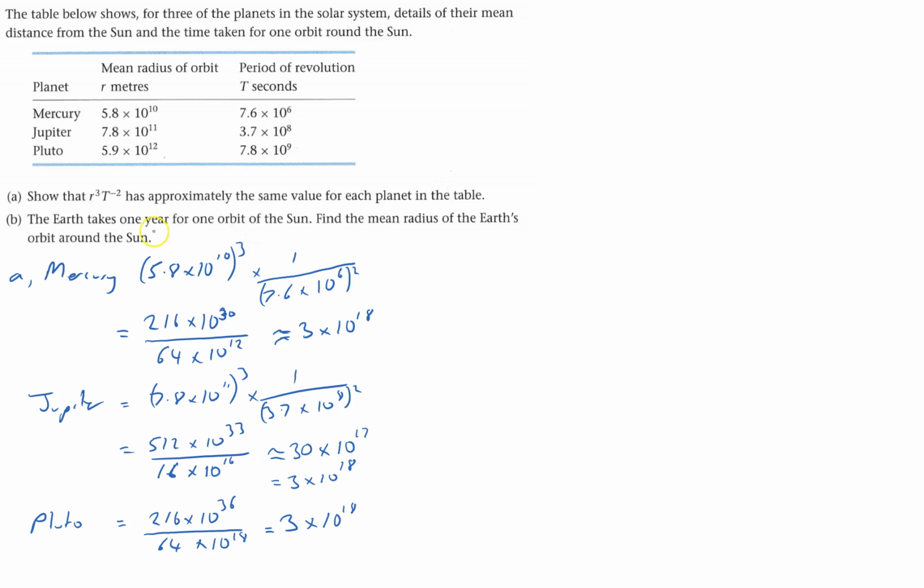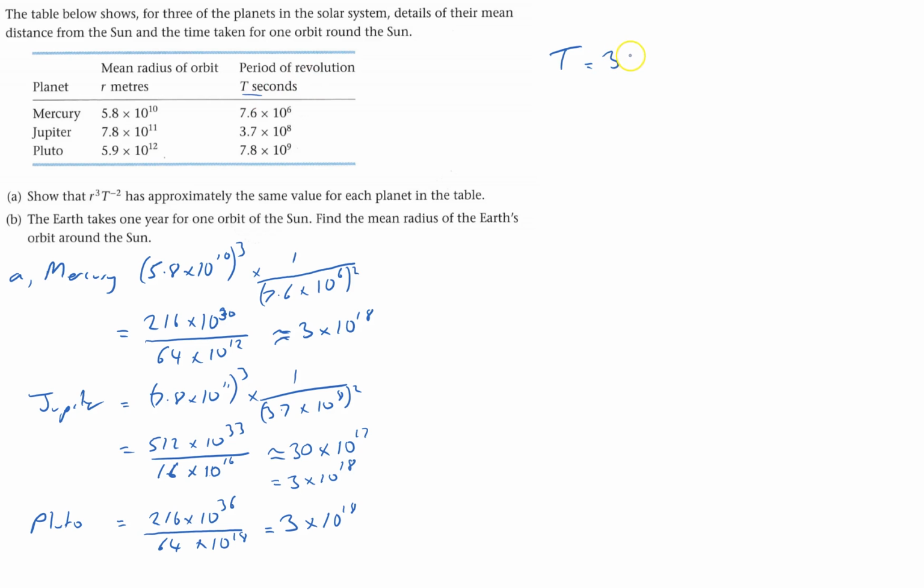And the Earth takes 1 year for one orbit of the Sun. Find the mean radius of the Earth's orbit. So we're trying to find what r is, and to do that I need to find out what T is. So T equals the seconds in 1 year.